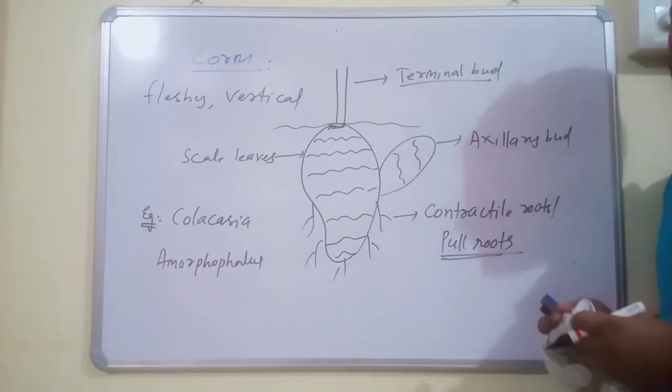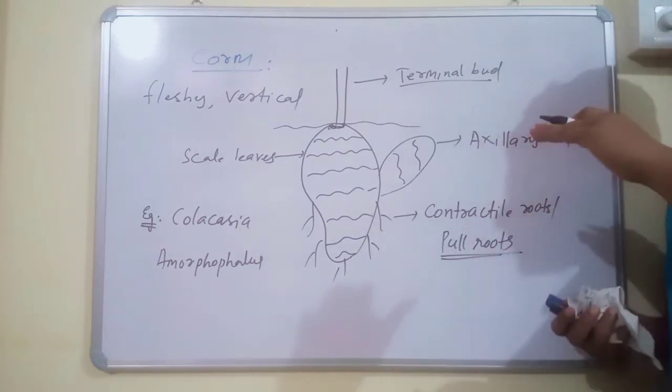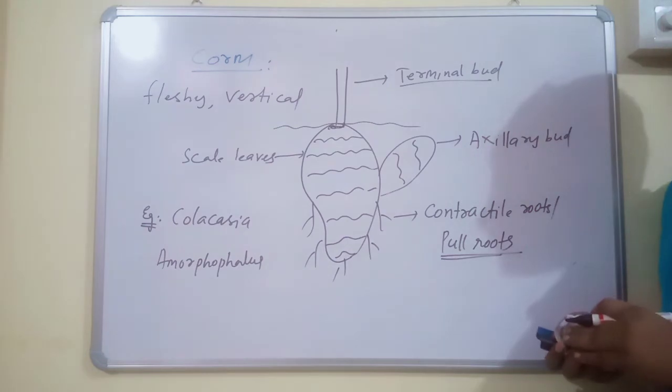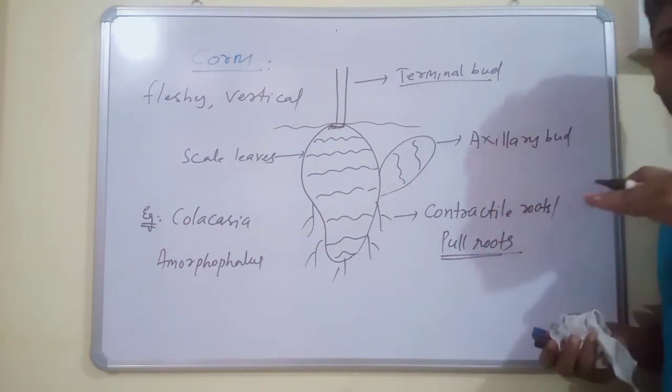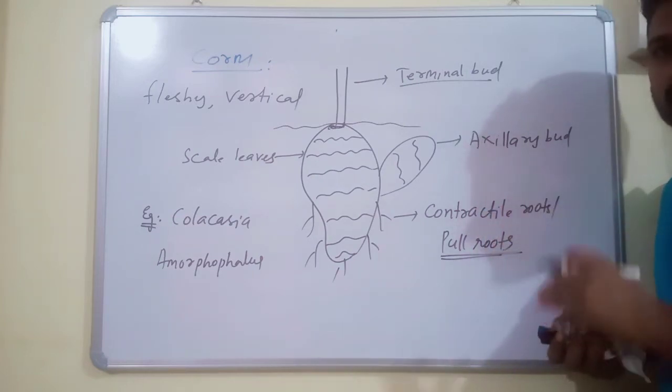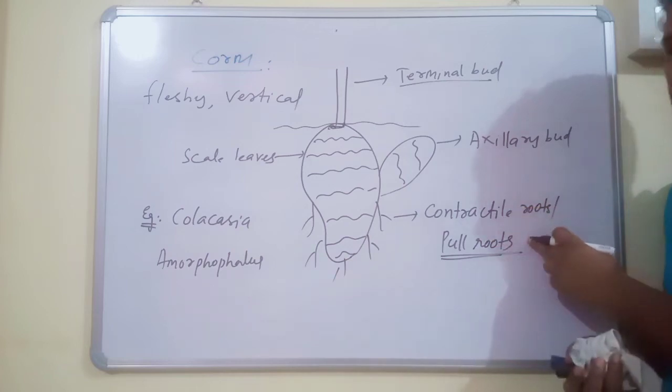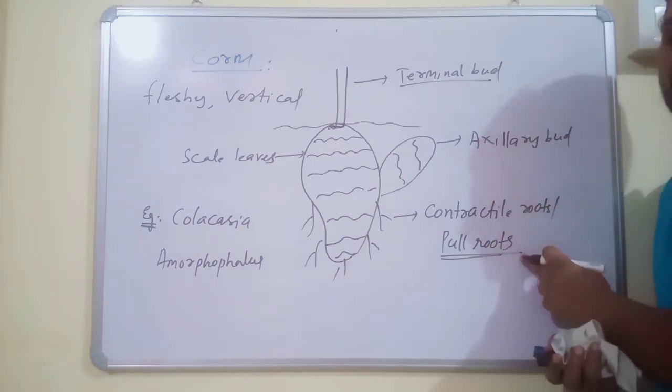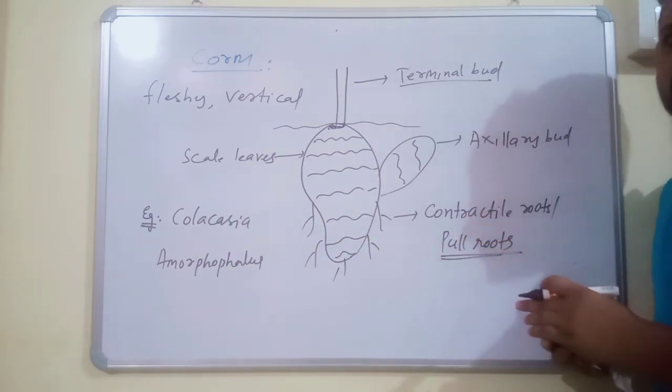The difference between rhizome and corm: rhizome is a horizontal underground stem, corm is a vertical underground stem, and rhizome grows below the soil at any depth, but corm grows at a particular depth below the soil with the help of pull roots. In rhizome, adventitious roots are present.